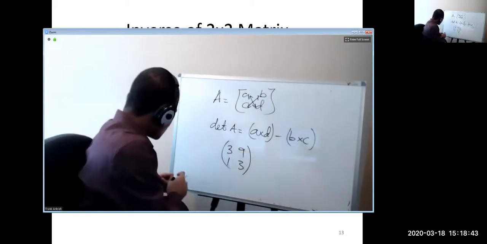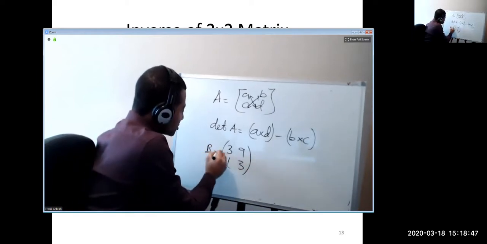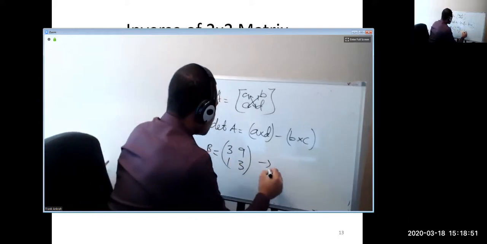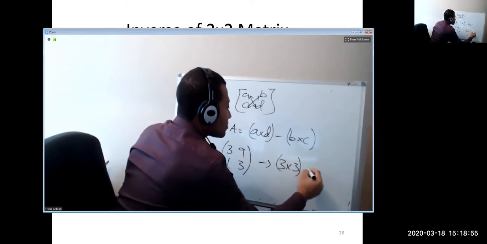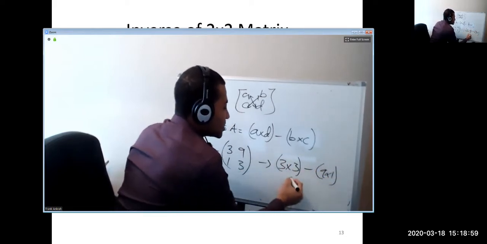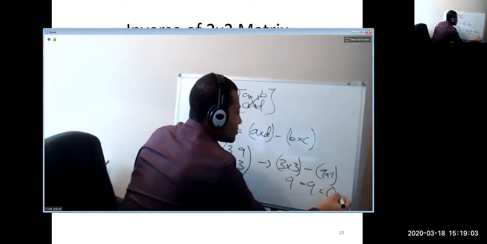Let's say this is matrix B. Working out its determinant gives us 3 times 3 minus 9 times 1. Now 3 times 3 is 9, and 9 times 1 is 9. So this will give us 0.